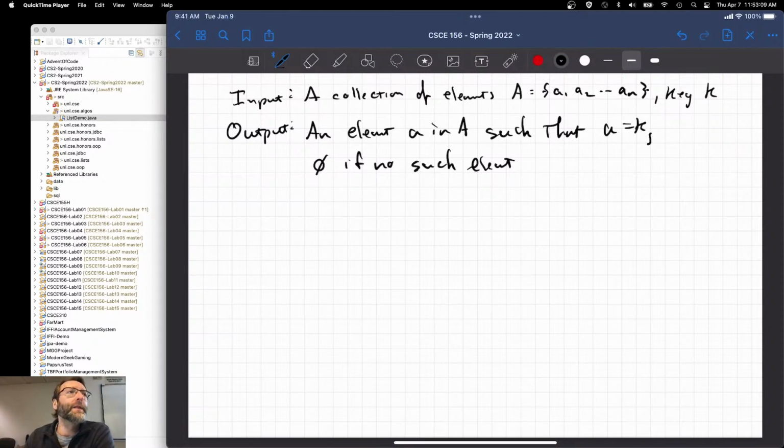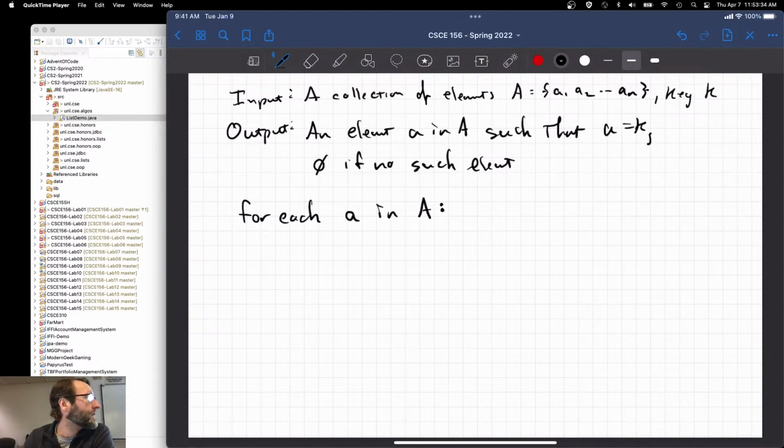All right, help me out with the pseudocode here. What would be the step-by-step process, not using any particular programming language here? Maybe for each a in A, right? I will be a little bit Python-y here.